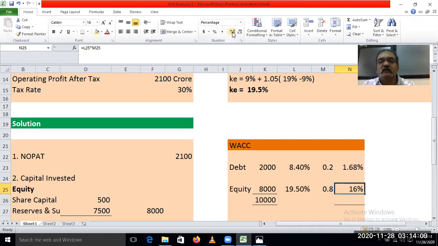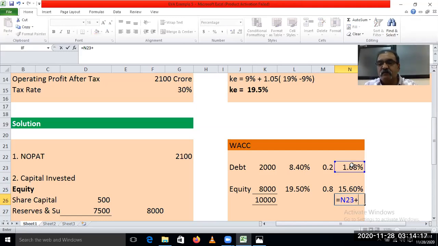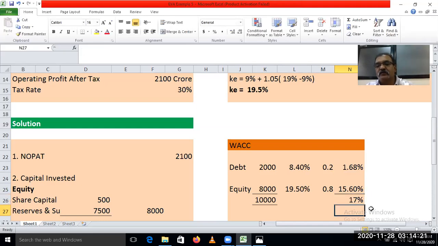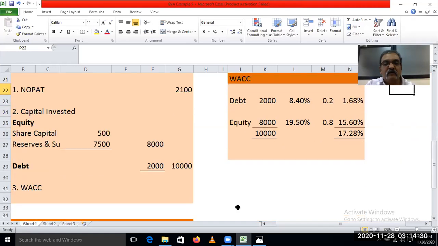Taking two decimals, 15.6. So my total weighted average cost of capital is 1.68% plus 15.6, which is 17.28% when we take two decimals.